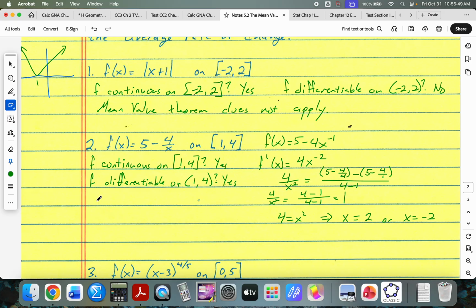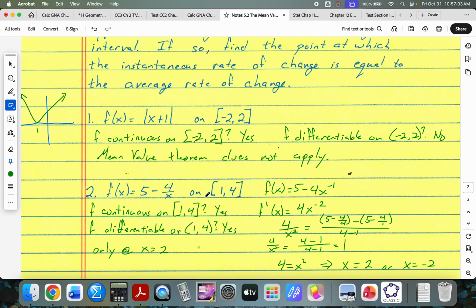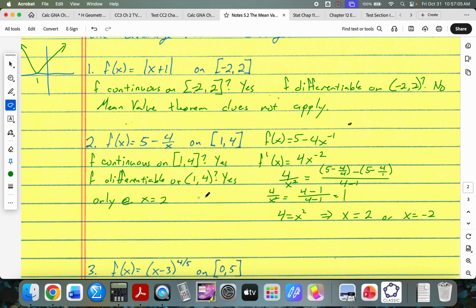So my answer is only at x equals 2. And at x equals 2, since they said find the point, I'm going to go ahead and find the y value. So it's at the point 2, 3.